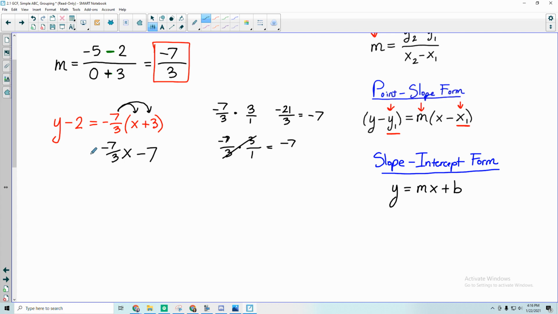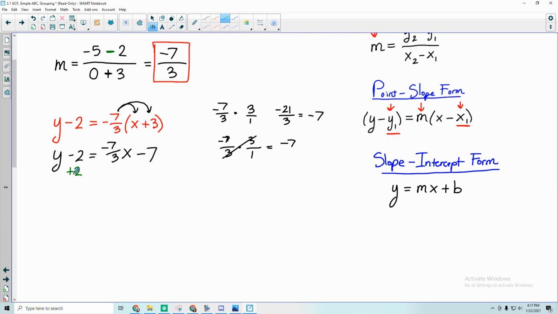On the left-hand side, I still have this y minus 2. And at the end of this, I need to make sure that y is all by itself. So how do I move this -2 over to the other side? If I want to move it over, I have to do the opposite sign of what I see. I have to add 2 to this side, and what I do to one side, I have to do to the other side.